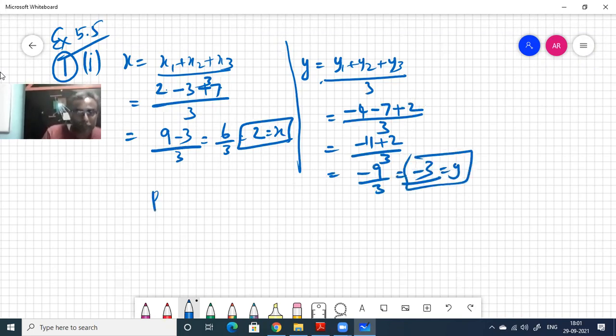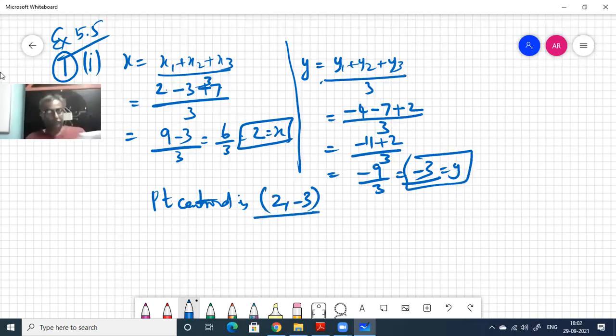So the centroid is (2, -3). That is the answer. You do the second part of it.